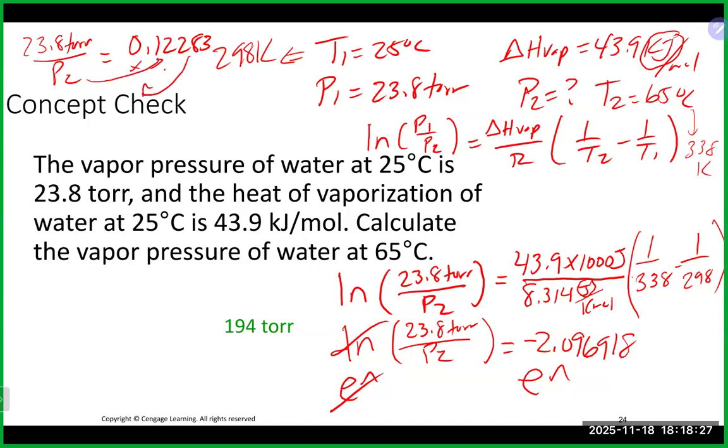I'm going to bring this guy to the back and divide. And that should get me 23.8 torr divided by 0.12283 equals my P2. And that should hopefully give me the answer I see on the bottom there of 194 torr in this case.